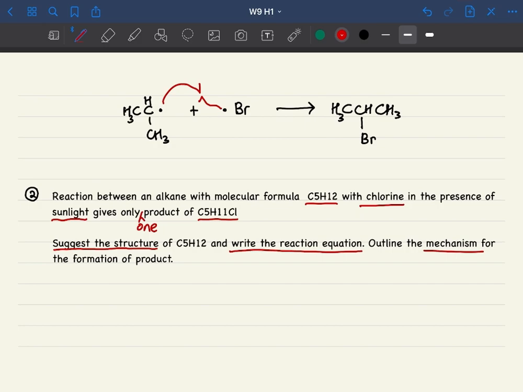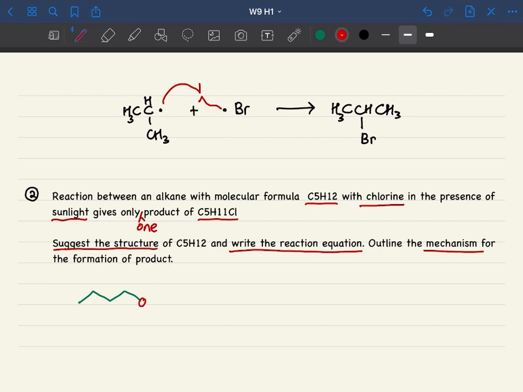Since we have C5 as the longest chain, we're going to do the chain isomers for this alkane to see how many classes of carbon we can get from each alkane. So we'll start with the longest carbon chain. I'll use skeletal structures. We're going to have 1, 2, 3, 4, and 5. If we look at this structure, let's have a look at the classes of carbon.